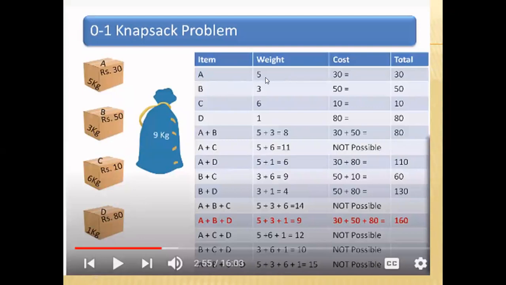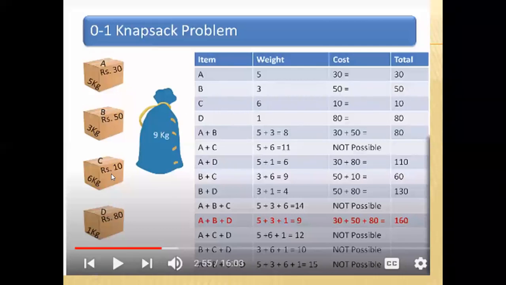Suppose object A is placed in the knapsack, profit is 30, and total weight is less than 9. Next, suppose object B is placed in the knapsack, profit is 50, it is not the maximum profit.